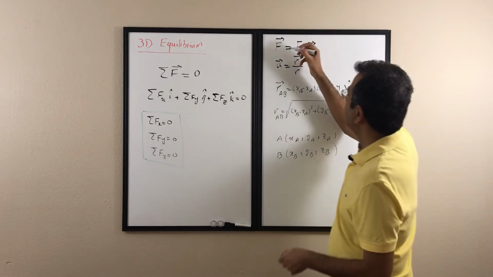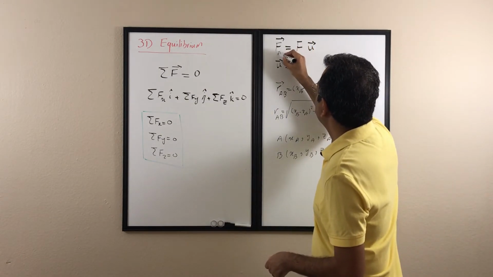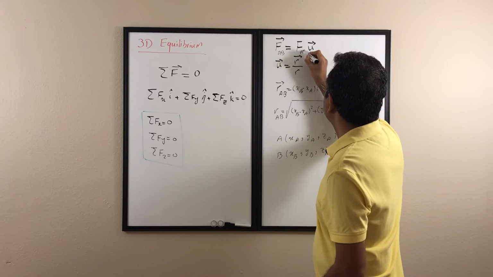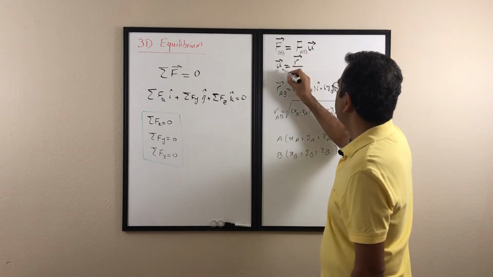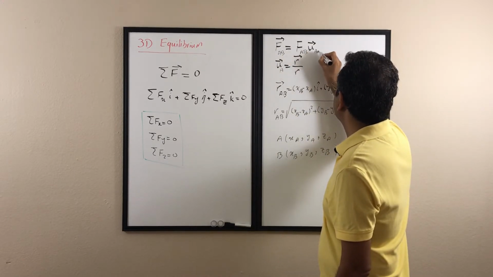So if I have a force along line AB, it's the magnitude of the force along line AB times the unit vector along line AB.